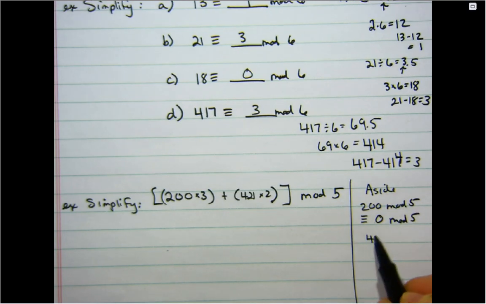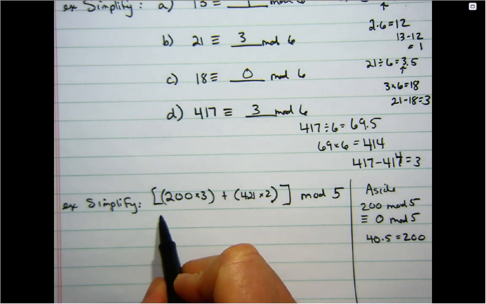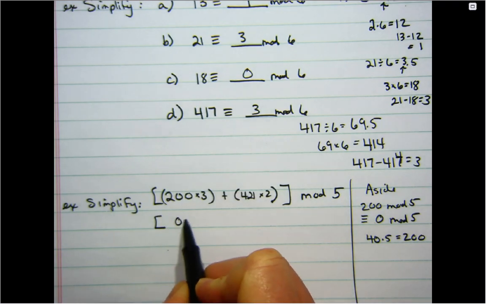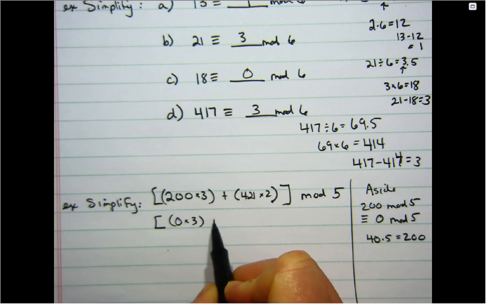Because 40 times 5 equals 200. So when you take away multiples of 5 from 200, you have nothing left. So this is the same as 0 times 3 right here, which is certainly easier to work with.